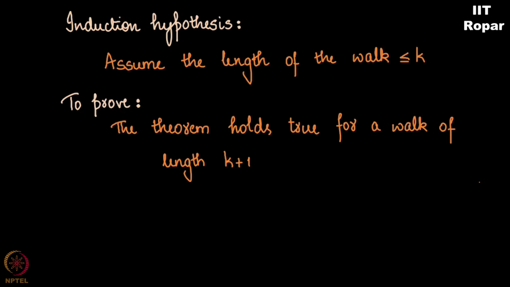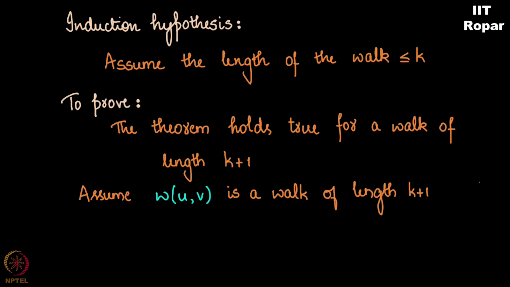So assuming that W of UV is a walk of length K plus 1, if there is no vertex which is getting repeated, then we are done. It's a path by definition. Now, let us assume that a vertex gets repeated. What are we going to do?